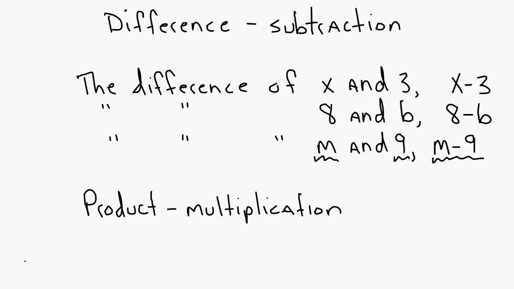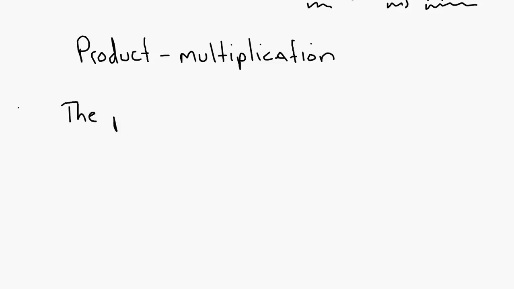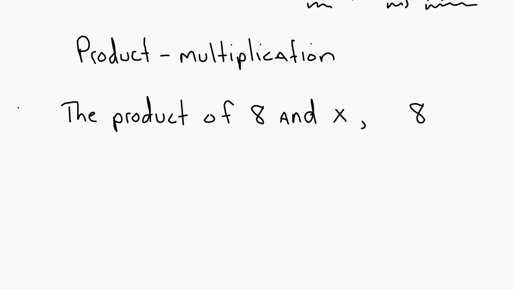So the word phrase could be the product of 8 and x. And that would look like this, 8x. You don't have to write the times symbol. It's implied that when a number is next to a letter, that you multiply them.